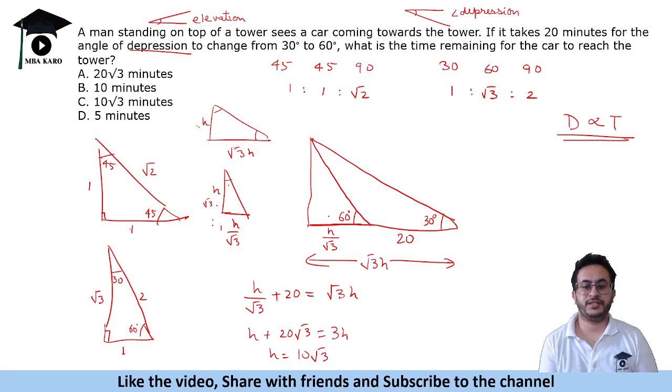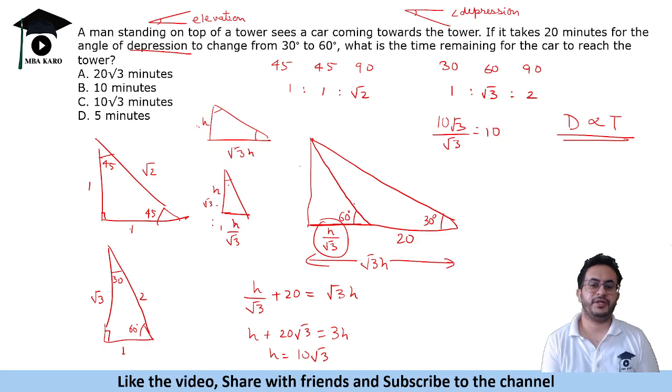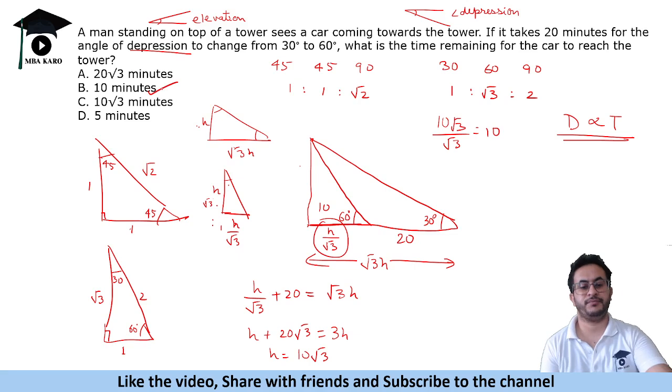But we do not have to find h, right? Some people might mark h as the answer. We need to find h upon root 3. So h upon root 3 is 10 root 3 by root 3, which is 10. So this will take 10 more minutes from here to here. So the answer is 10 minutes.